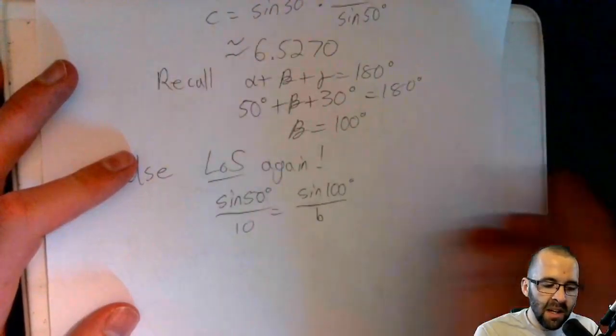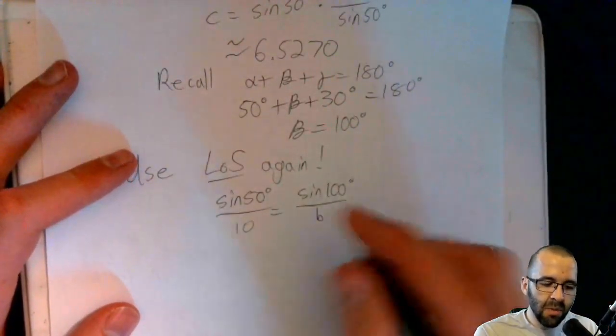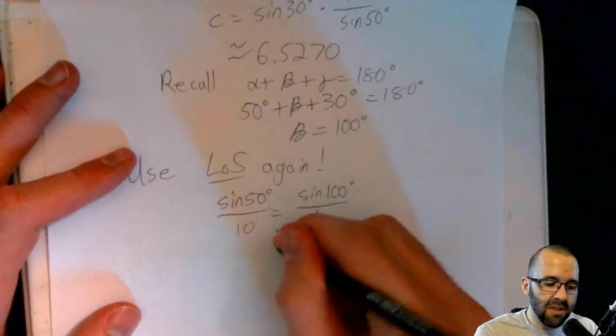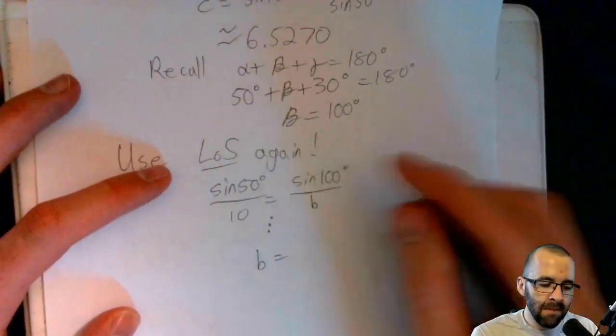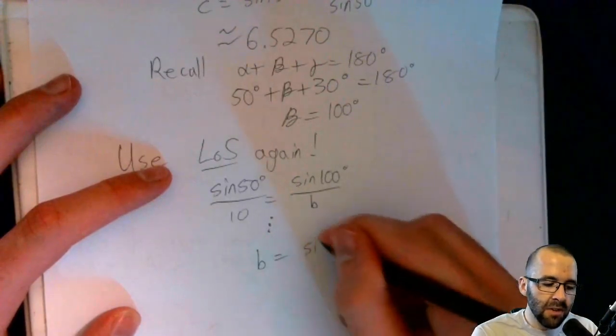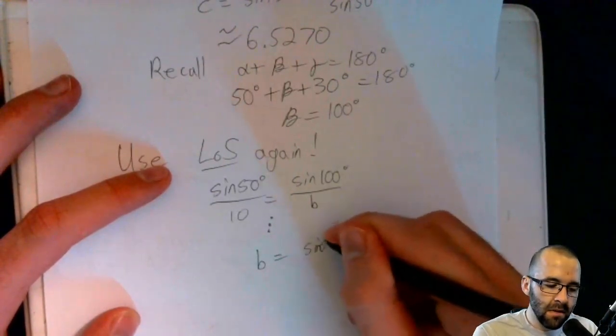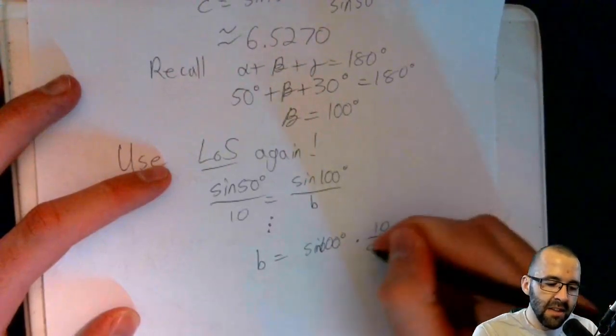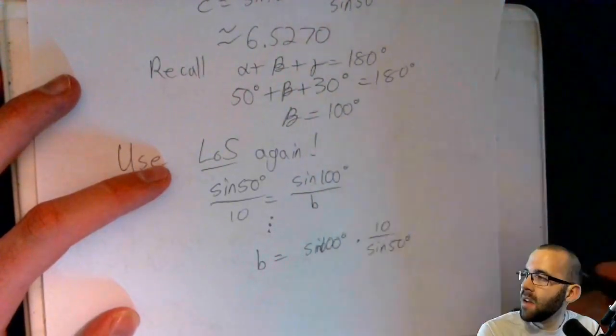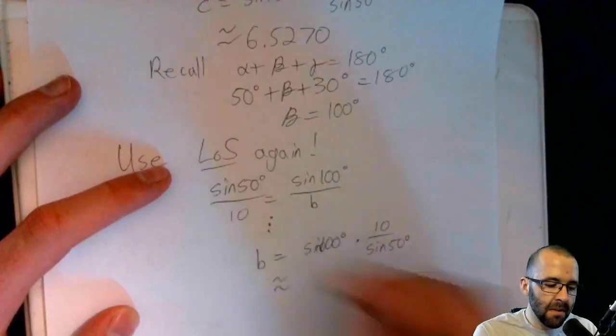Multiply both sides by B, multiply by the reciprocal. We don't need to do the steps again. You know how to solve equations like this by now. And you're going to get that B is equal to the sine of 100 degrees times 10 divided by the sine of 50 degrees, which we will also approximate.